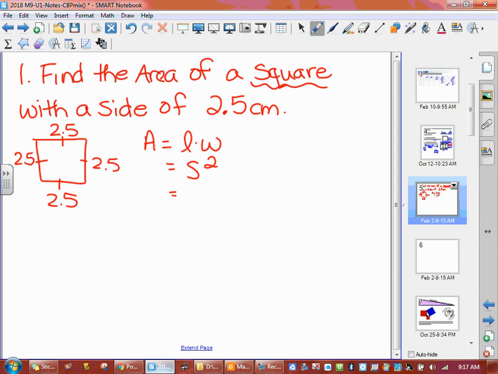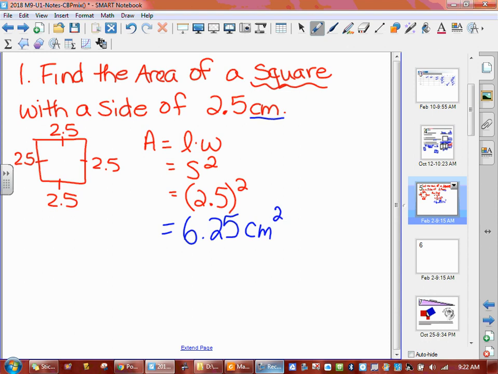So how big is 2.5 squared? Practice on your calculator, please. Okay, so we found the answer is 6.25. And if that's centimeters, that's now going to be centimeters squared. Remember your units, because this tells us that we took two measurements, length times width. Just so happen they're the same size.